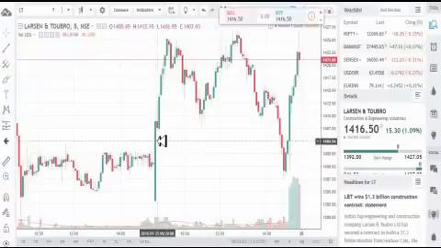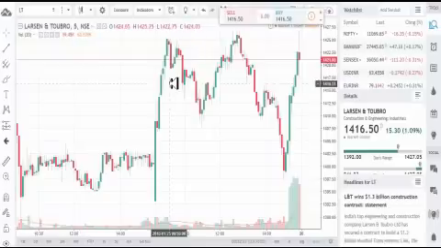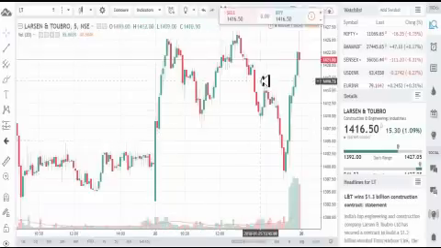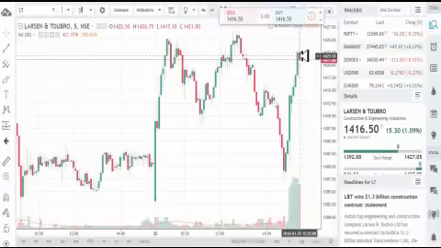Okay, so you can see here 1393.15. Look at this place here to see the prices, all right, when I put the mouse on the candle. So 1393.15 was the opening price, and the closing price was 1421.